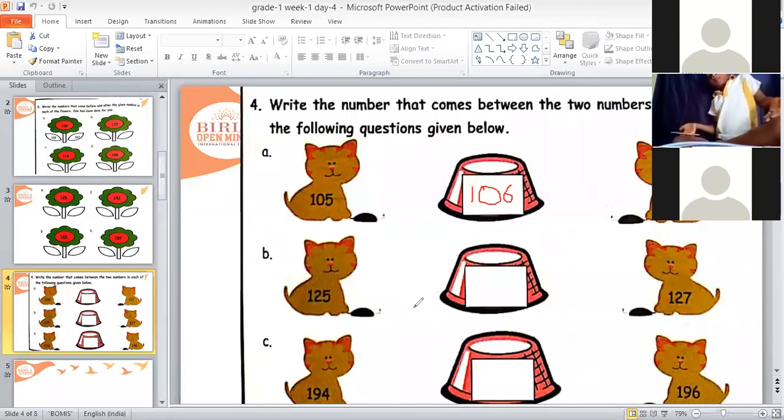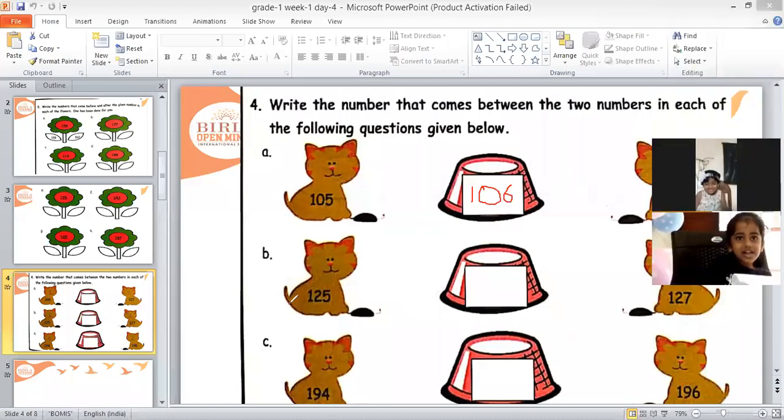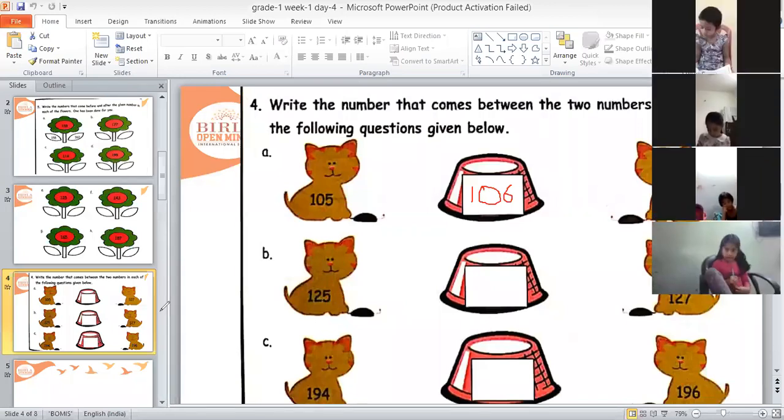Now, children, come to bit B. Again 2 cats are there and you have to see what is the number. In the first cat, number is 125 and in the second cat, number is 127. Now you have to see the number which comes just after 125.